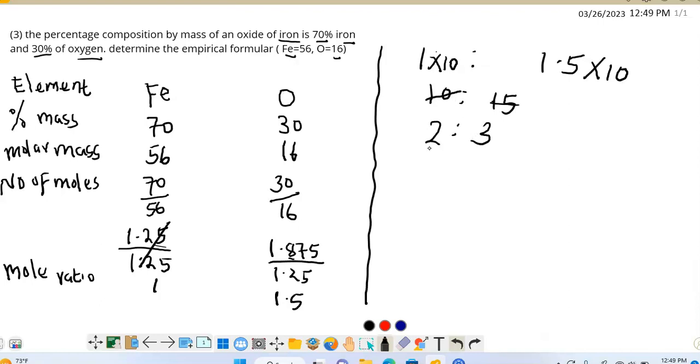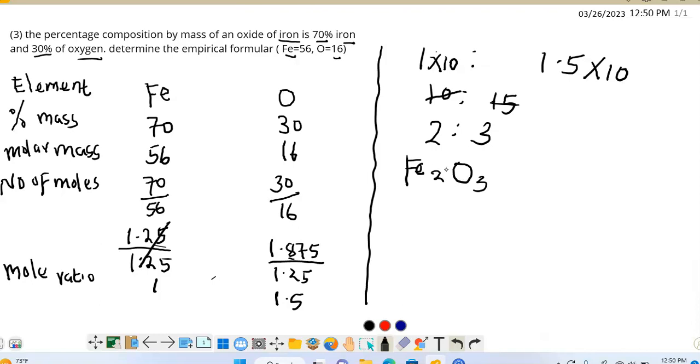So you cannot further divide 2 and 3, as there is no common factor between them. So you stop here. The value of iron is 2 and that of oxygen is 3, because 1.5 came from 3 and 1 came from 2 according to the ratio.